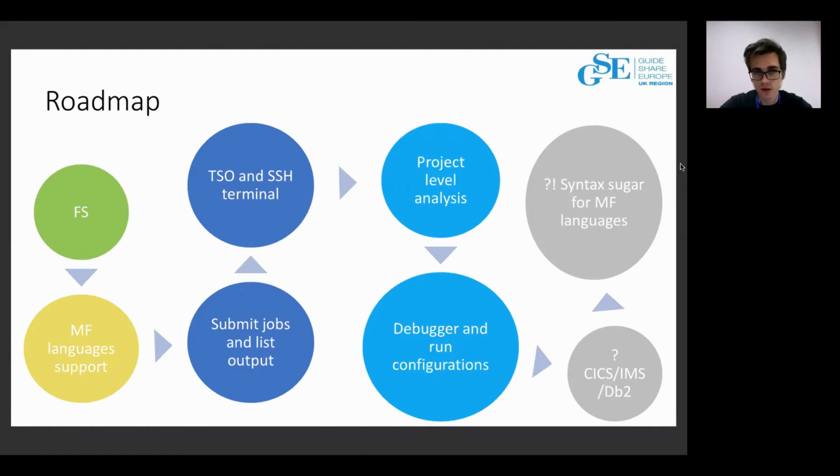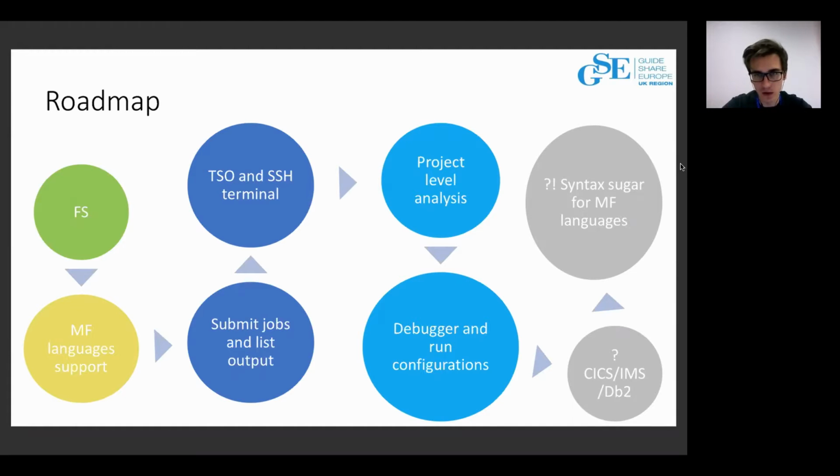Then we're planning to create a TSO and SSH terminal. The TSO terminal will make it possible to run TSO commands from IntelliJ IDEA straight on the mainframe and get responses. And we are also planning to create an SSH terminal to work with USS, because really Victor and I would like to see these features in this plugin because we need them in our daily life when we're working.